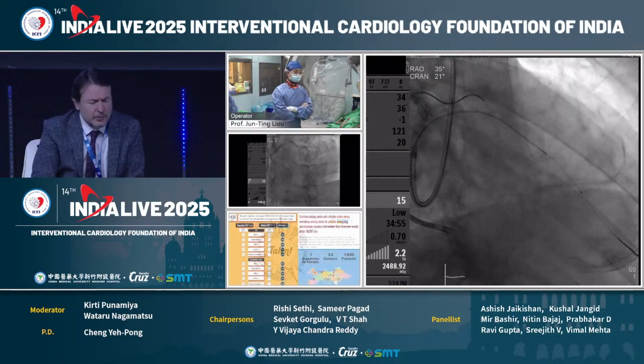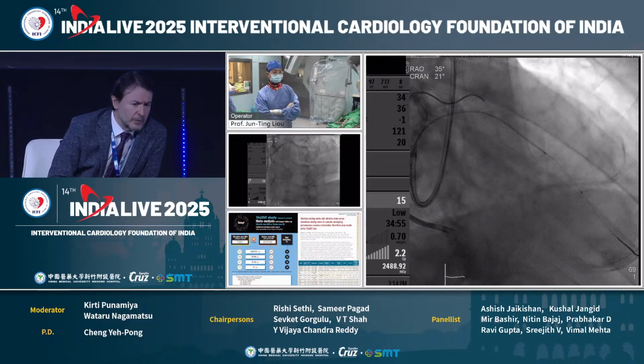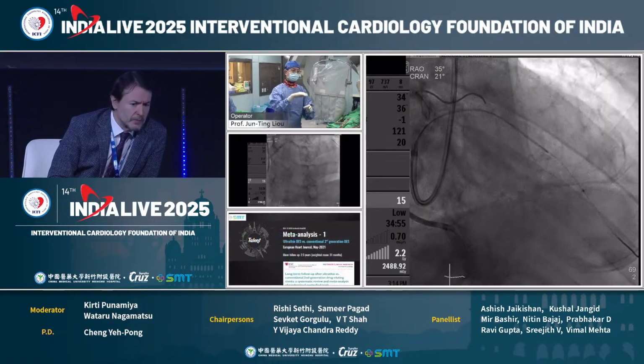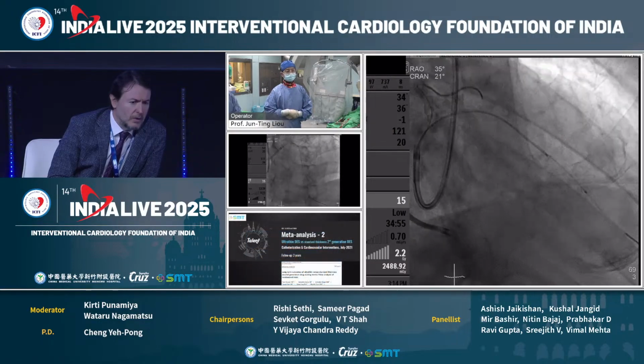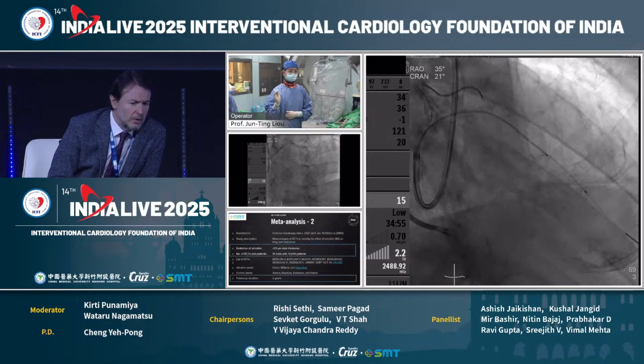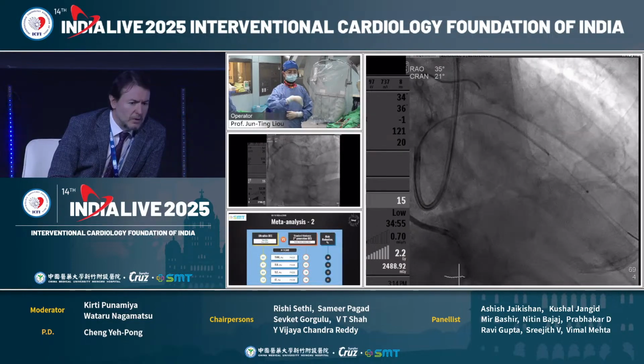I think the critical point in using the dedicated wire is to use the wire property, because sliding cannot control the direction. But the Gaia Next has the X1 design, and we can use the deflection power against the wall to deflect our wire tip, and fortunately go into the true lumen.